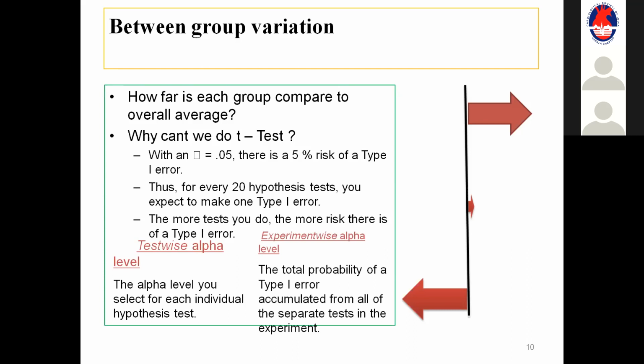So this is called test-wise alpha level, the alpha level you select for an individual hypothesis test, and experiment-wise alpha level is the total probability of a type 1 error accumulated from the separate tests in the experiment. If you see real clinical trial papers or those kinds of multiple objective papers, you will see multiple testing corrections, Bonferroni corrections, and so on.